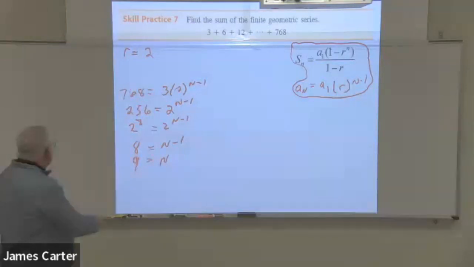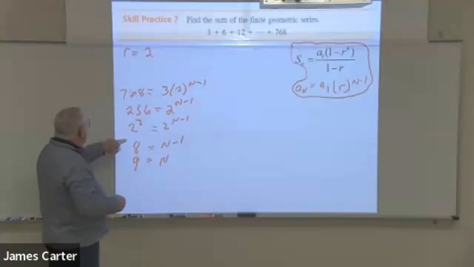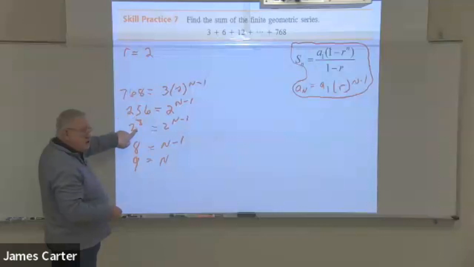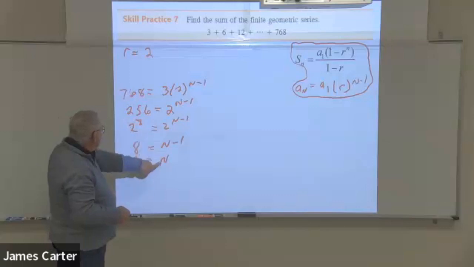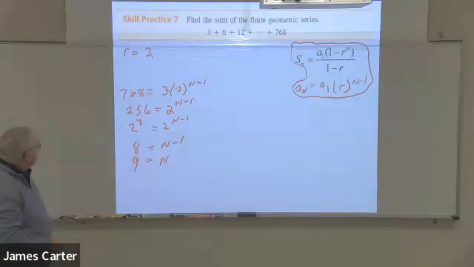Divide both sides by 3, you get 256 equals 2 to the n minus 1 power. 256 is 2 to the 8th power, conveniently. So we can equate the exponents and get 8 equals n minus 1, and n equals 9, the 9th term.